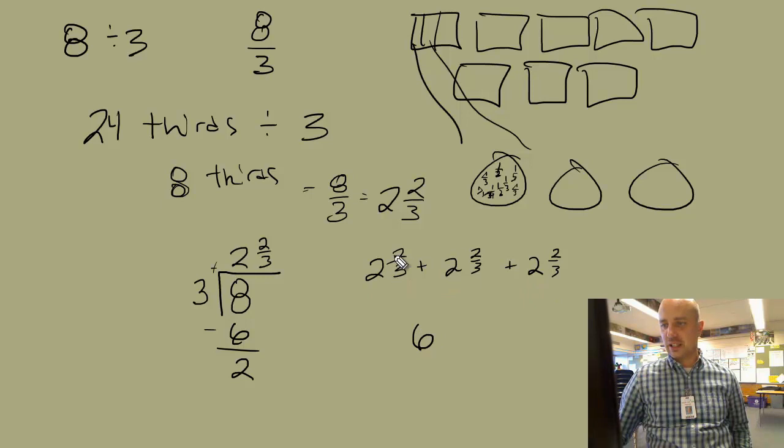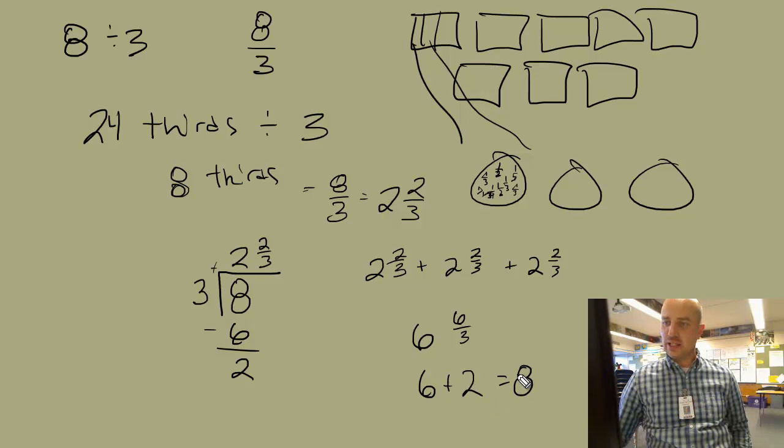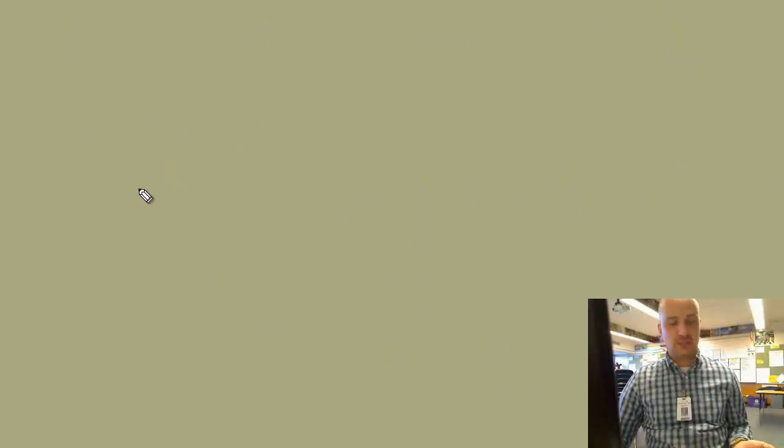That would be 6, and then I have 2, 4, 6 thirds, 6/3. Now 6 thirds is 2, and I have 6, so 6 plus 2 equals 8, and 8 is what I have.